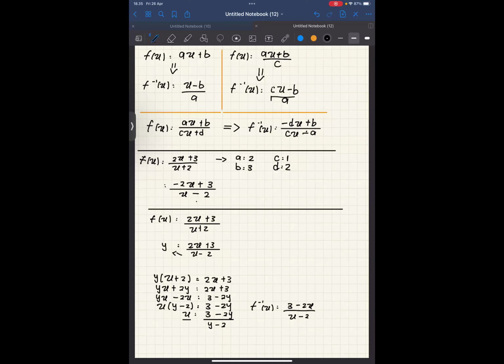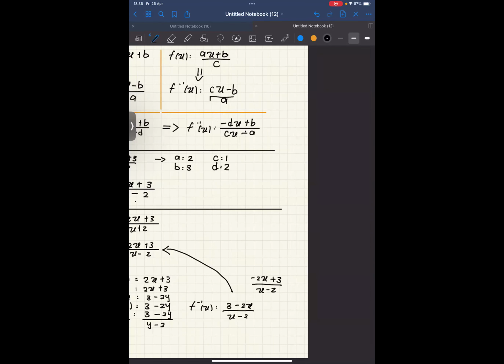Now, this is the same as this one. We just need to write minus 2x plus 3 over x minus 2. This is the long way to solve this one, and this is the short way, but we need to learn how it works first so we can understand it better later.